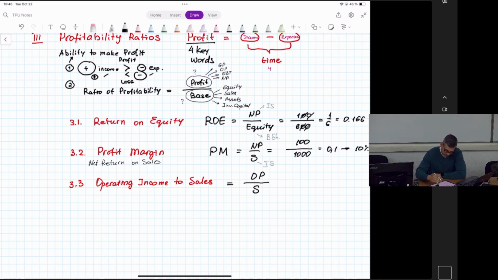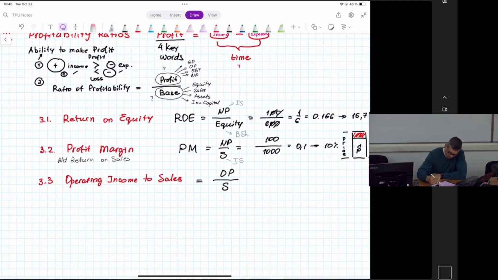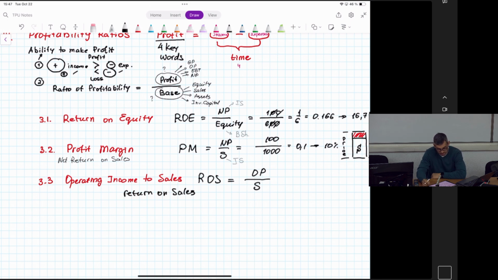Let's call it this way. I think it will be fine. Let's call it ROS, return on sales. Return on sales. Or operating income to sales.